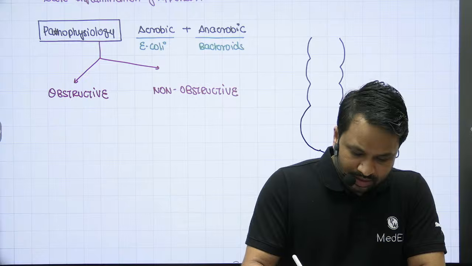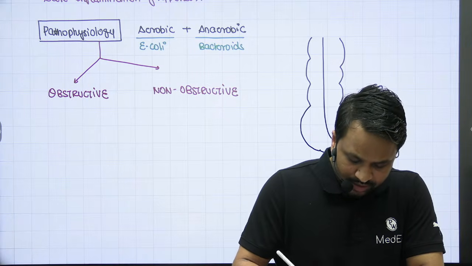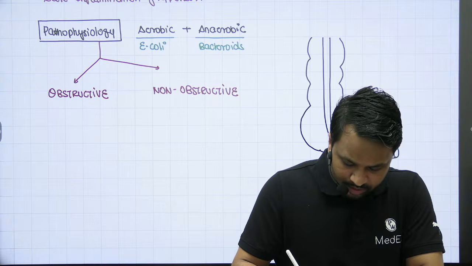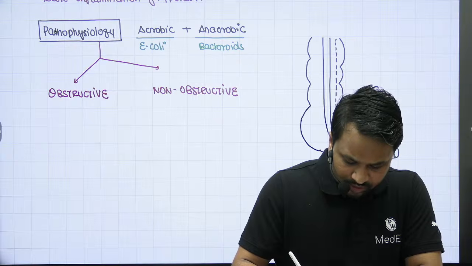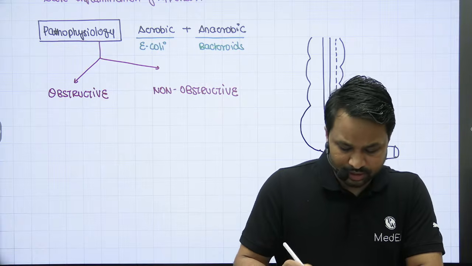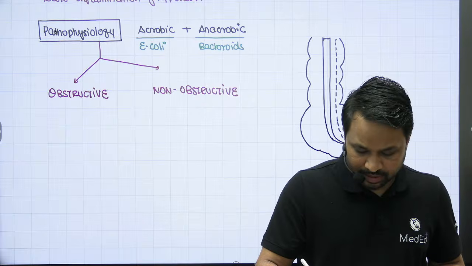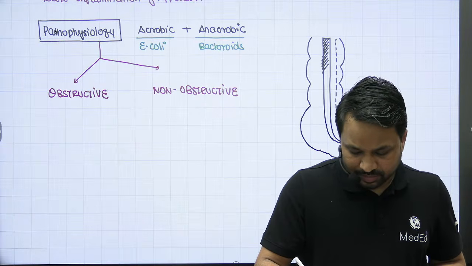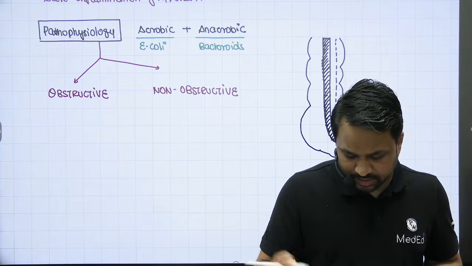You will notice these bands which are called the taenia coli. I hope everybody knows that the three taenia coli are all going to be merging at the base. One is on the anterior surface, one on the posterior, another one is lateral. When they merge together, they combine at the base of the appendix.